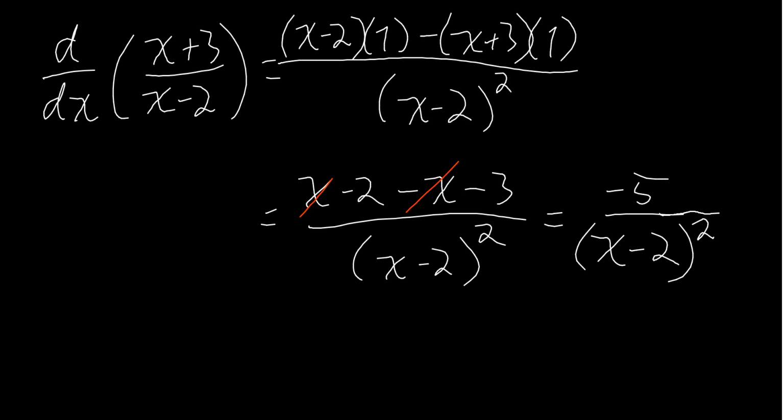Low d high minus high d low. And I can't remember if that's exactly what I put last time, but that's what we're going to put through here. And again, low times derivative of high minus high times derivative of low all over low squared. Okay, so negative 5, try to remember that, negative 5 all over x minus 2 quantity squared.